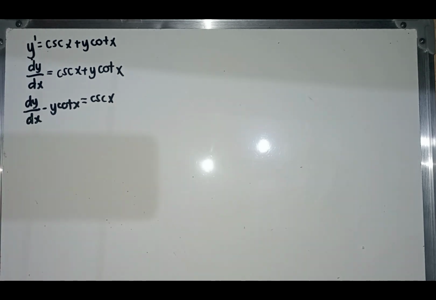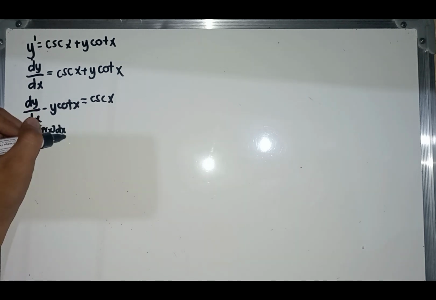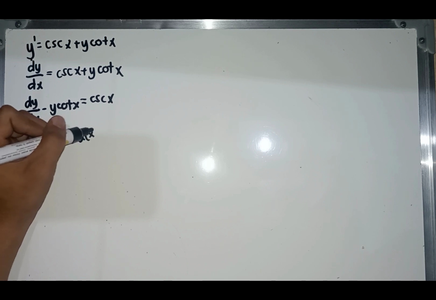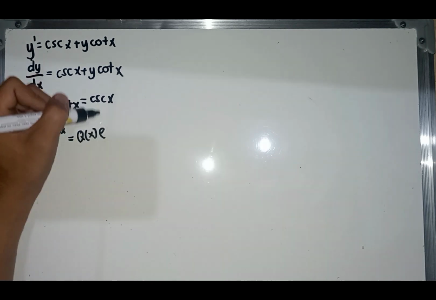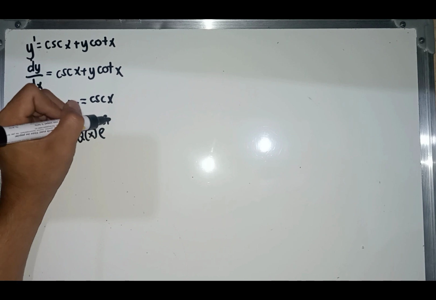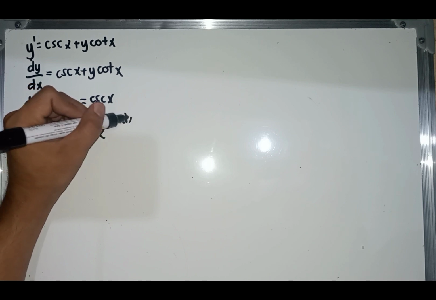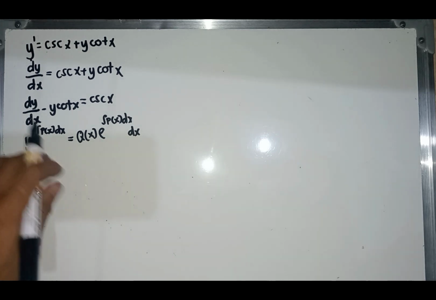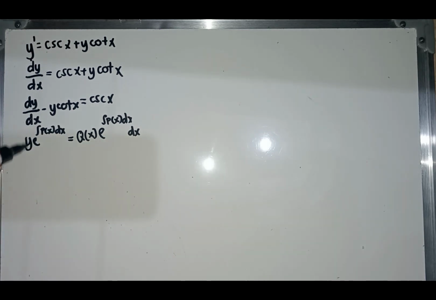So it's already in linear form, and as you can observe, it's linear in y. So we're gonna use the formula: y e to the power of the integral of p of x dx is equal to the integral of q of x multiplied by e to the integral of p of x dx, dx. Now we substitute the variables.